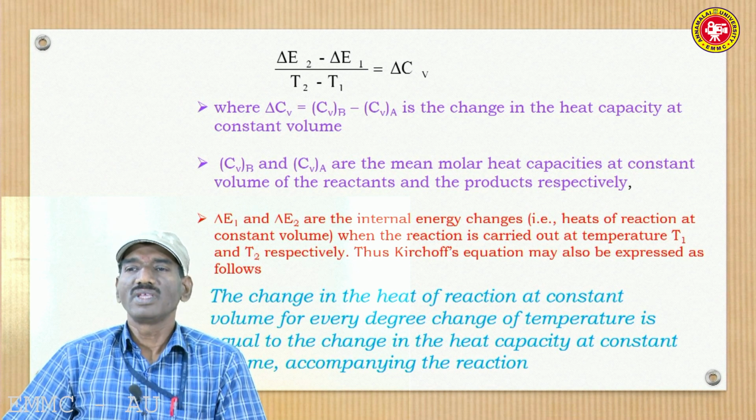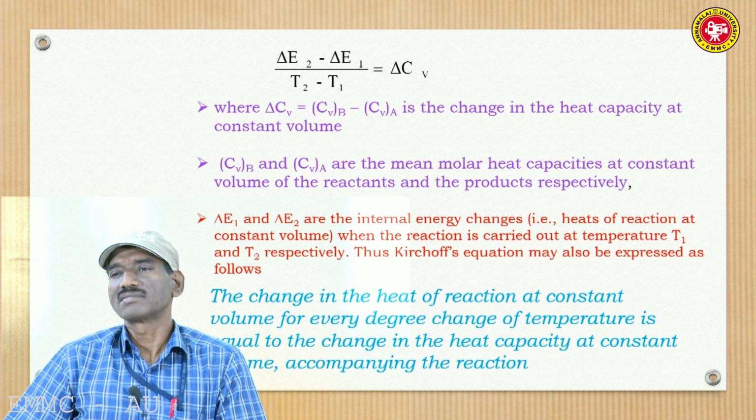CvB and CvA are the mean molar heat capacities at constant volume of the product and the reactant respectively. Delta E1 and delta E2 are the internal energy changes, that is, the heats of reaction at constant volume when the reaction is carried out at constant temperatures T1 and T2 respectively.